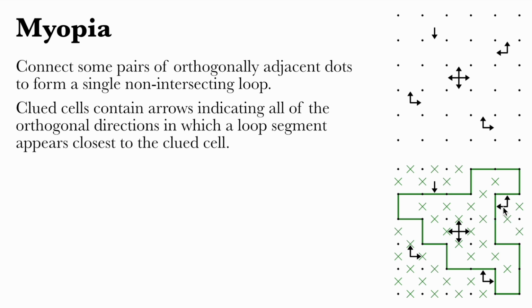To the south, this one is one away, which is farther, and to the east there's no loop segment at all. So that satisfies the clue, because in the two directions that there are arrows, those are the ones that the loop is the closest and where it exists, and the other ones are either farther away or non-existent. Those are the rules of myopia, so it's time to solve the puzzle.